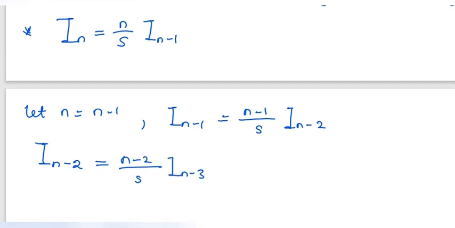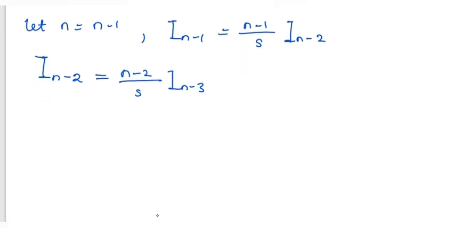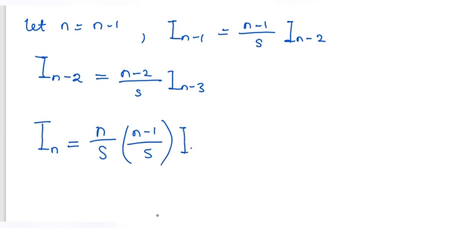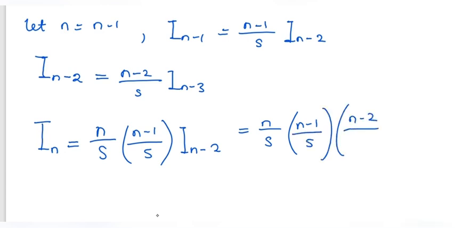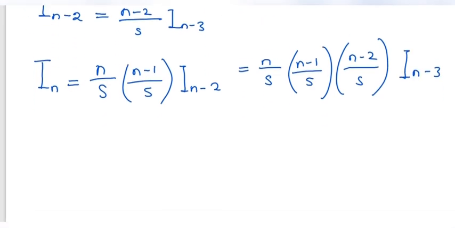So with this, we can easily write a series for this term. Our I_n is going to give us n over s times n minus 1 over s times I_(n-2), which is the same as n over s, n minus 1 over s, n minus 2 over s, times I_(n-3).